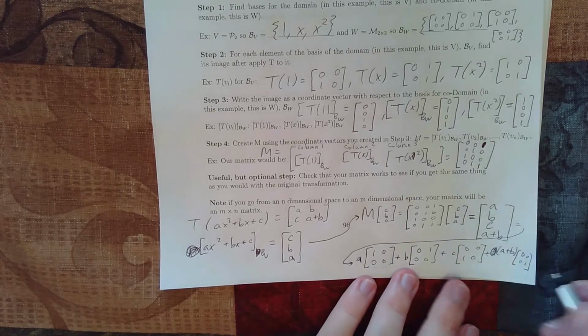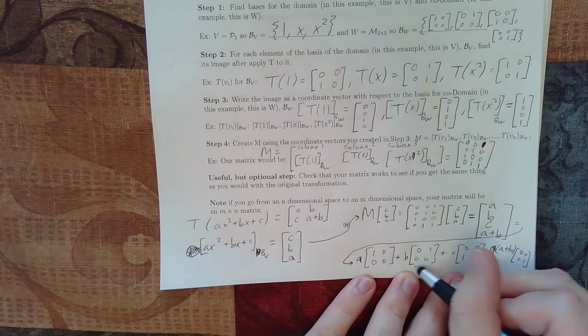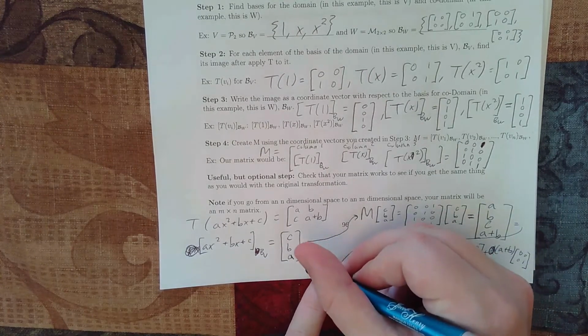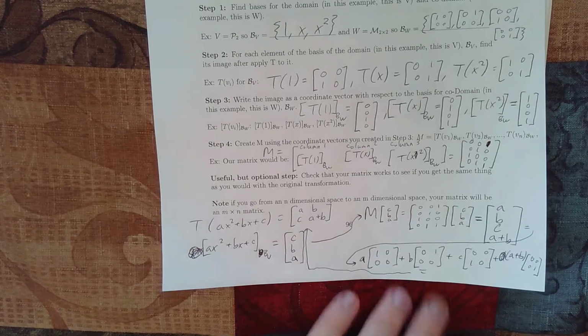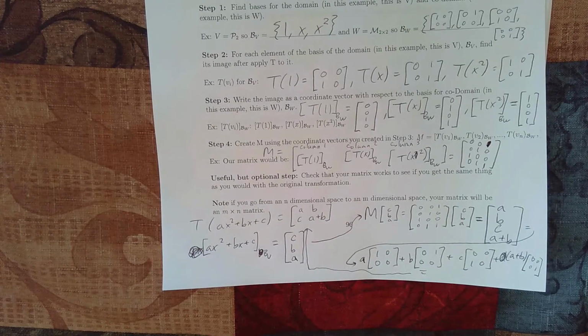I'm running out of page. And if you do this, you'll find that this gives us the exact same thing as we had before, the a, b, c, a plus b. So this does do the thing that we want it to do.